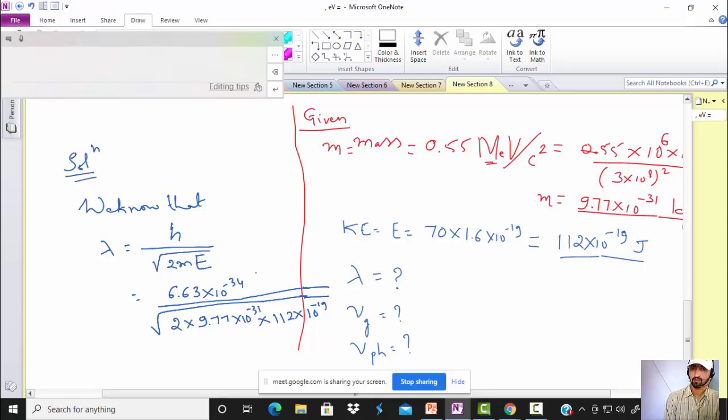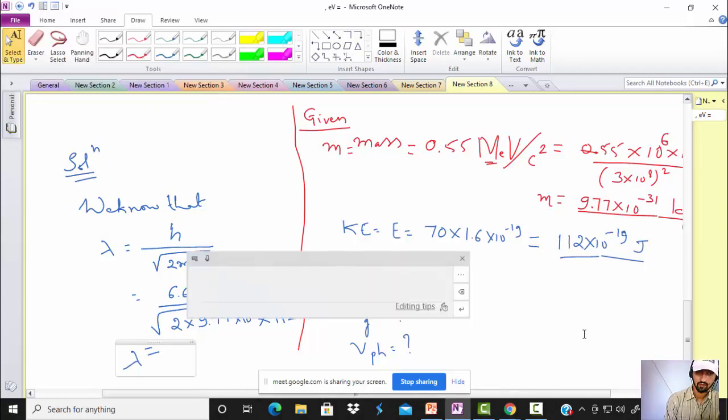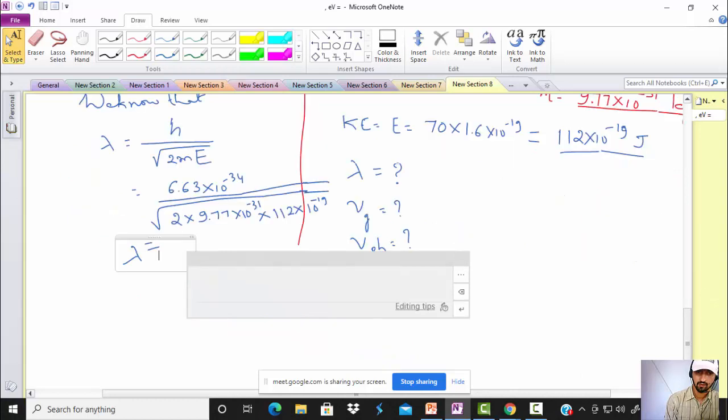Calculate and update the answer. Sir, 1.41. Correct, it is 1.41. I'll write.